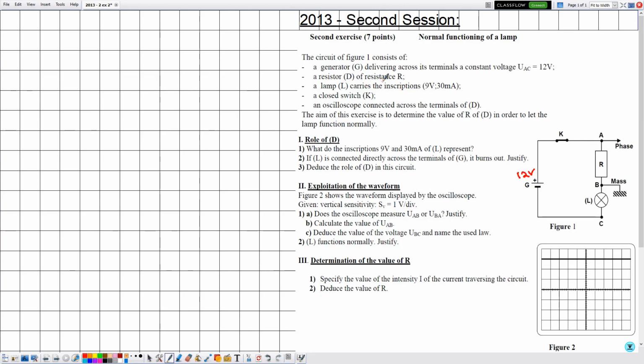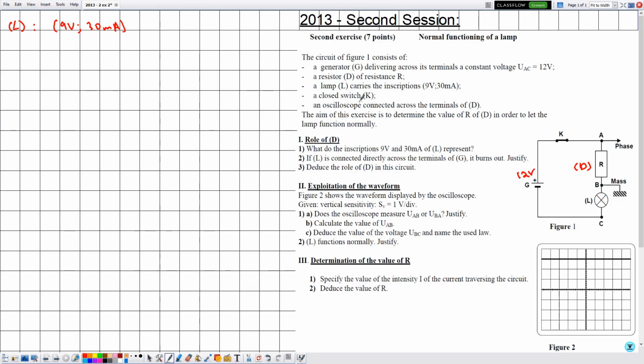A resistor D of resistance R, then this is the electric component D. A lamp L carries the inscription 9 volt and 30 milliamps. Notice that I didn't label these inscriptions on the lamp L because yet we don't know if the lamp L is functioning normally.